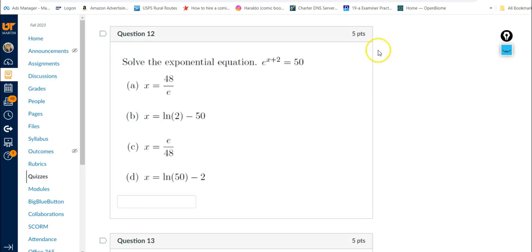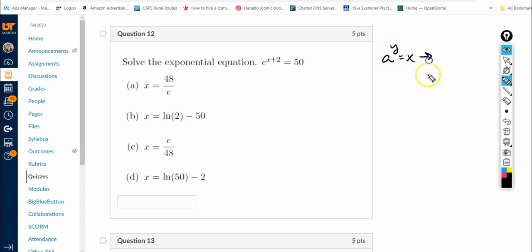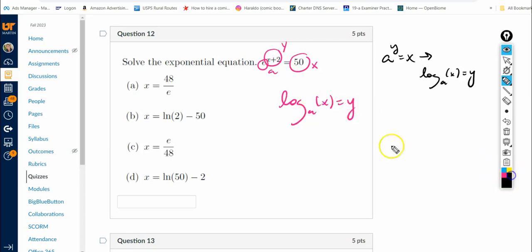Okay, solve this exponential equation. All right, what I'm going to do is convert it into logarithmic form. So there's my A, that's my Y, that's my X. And going from red back to black, now if the base is e, we have a shorthand for that.